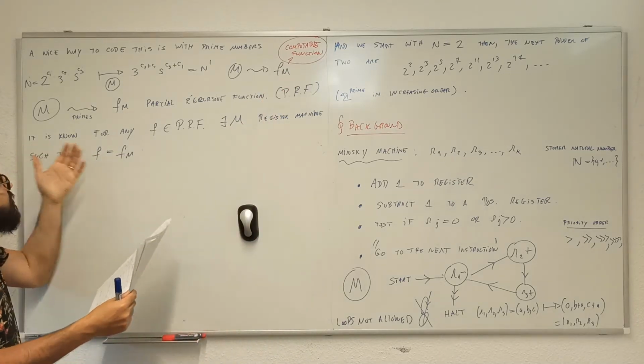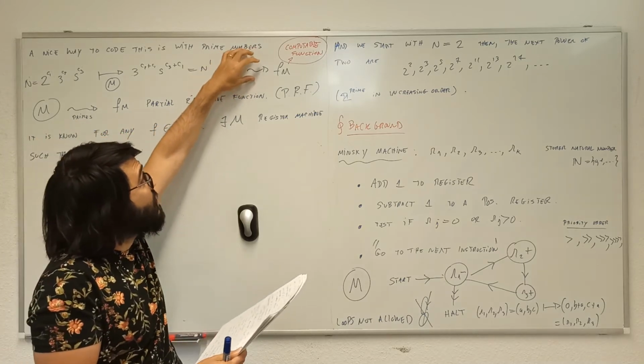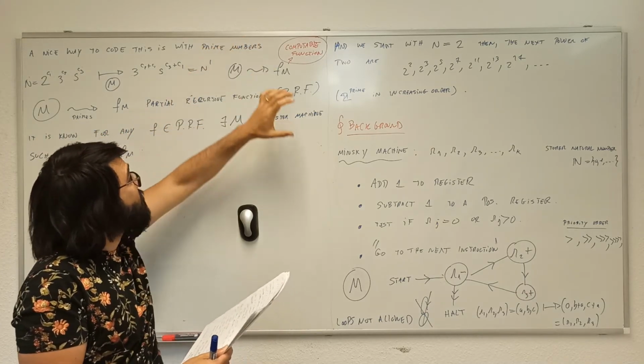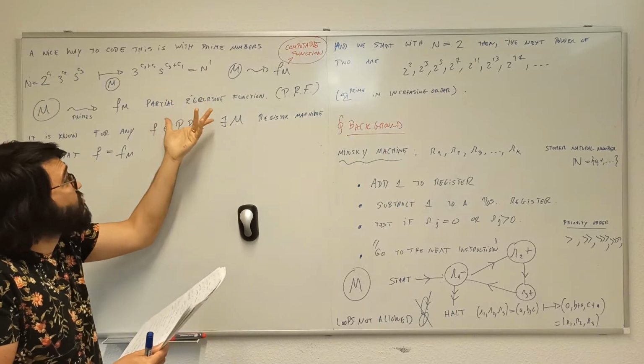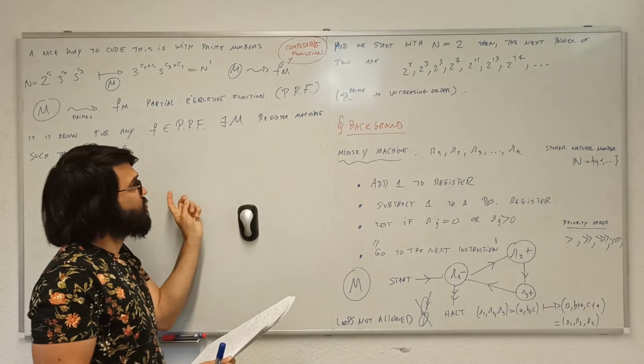It's a big result in computation theory to show that the functions defined through Minsky machines are exactly this class of partial recursive functions, which are defined in another way, which I will define in a moment.